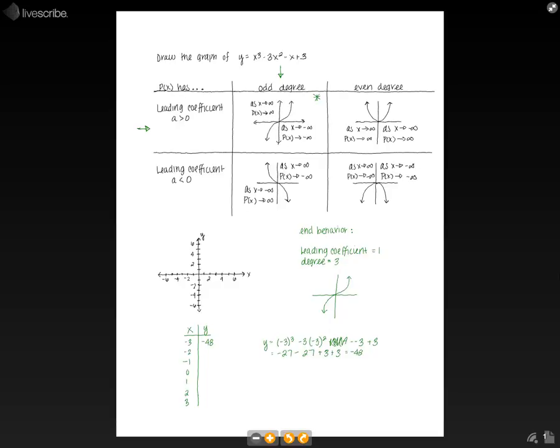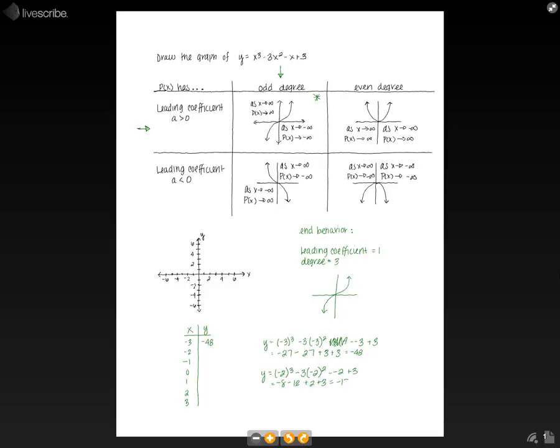Alright, so the next one we have to do is -2. So y equals -2 cubed minus 3 times -2 squared minus -2 plus 3. Alright, so that's going to simplify to -8 minus 12 plus 2 plus 3.